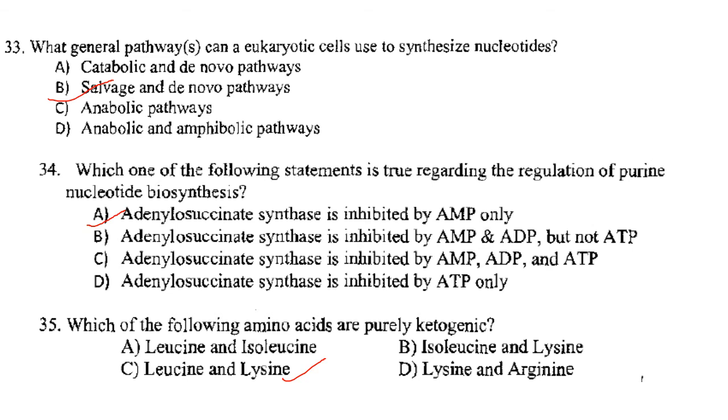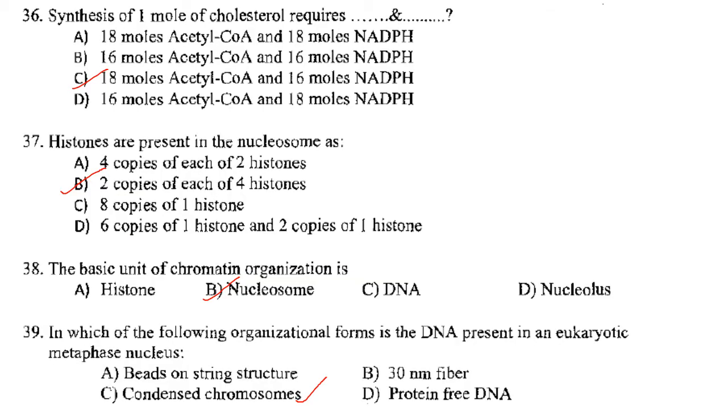The next one. Which of the following amino acids are purely ketogenic? So lysine and leucine are the only purely ketogenic amino acids, as they are degraded into the precursors for ketone body synthesis, acetyl-CoA and acetoacetate. So answer is option C. Next one.